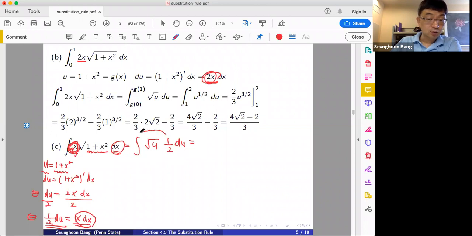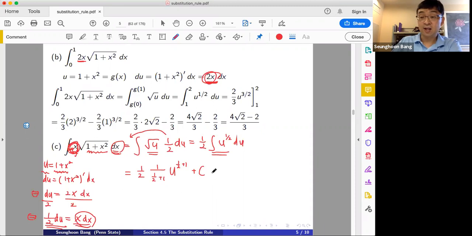Take out the 1 over 2. Here we have 1 over 2 times the integral of the square root of u, which is u to the 1/2. Keep the 1 over 2 and find the antiderivative: 1 over 1/2 plus 1, u to the 1/2 plus 1, plus c.